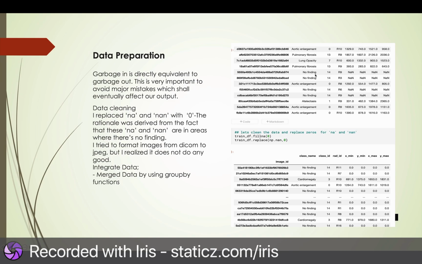They're not necessarily left empty, probably because there's no data or there's no observation. So I decided to fill this with zeros. I would rather fill them with zeros than drop the column or the row, because it could have done more harm to me and I would lose the validity of my data.